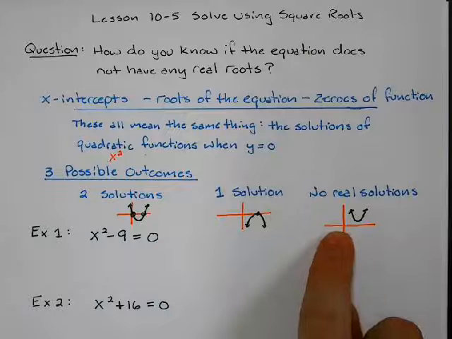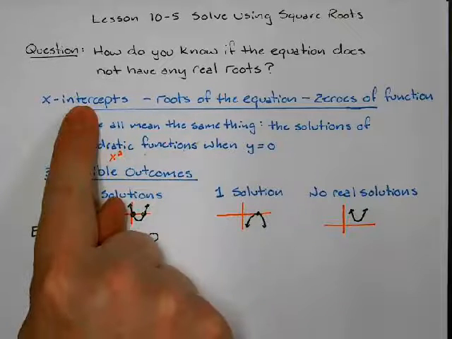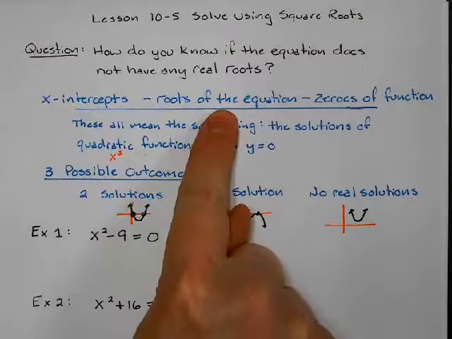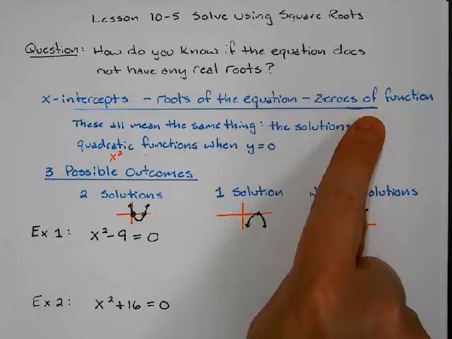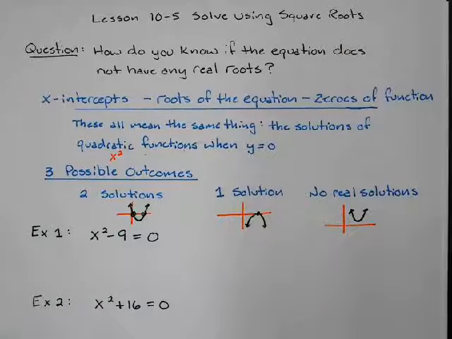Anyways, we'll notice that this one right here doesn't cross the x-axis. So that means there's no x-intercepts, which means there's no roots of the equation, which means there's no zeros of the function. Basically, there's no real solution. We're going to use that word real because eventually we're going to get to imaginary solutions. It just sounds like I'm making up stuff at this point, but it's real. I'm not making this stuff up.